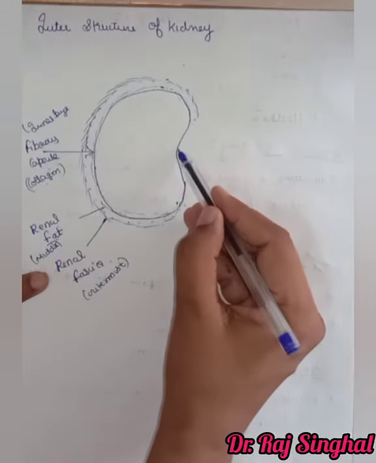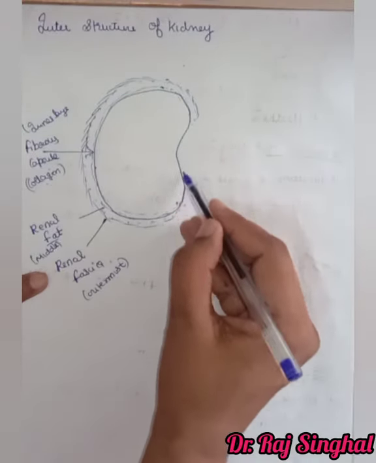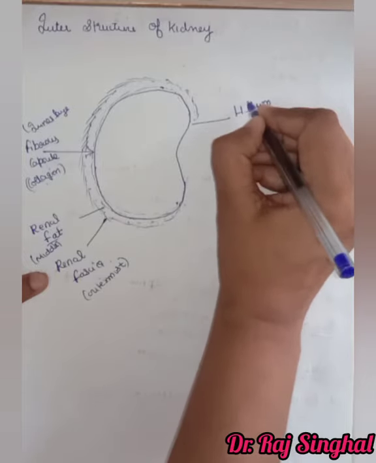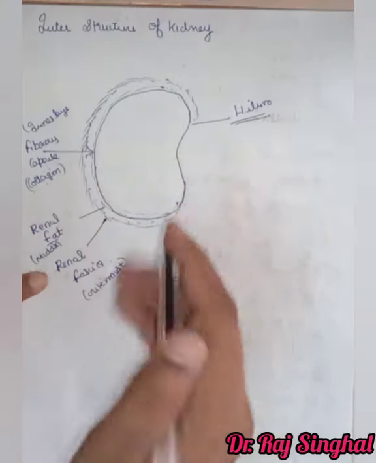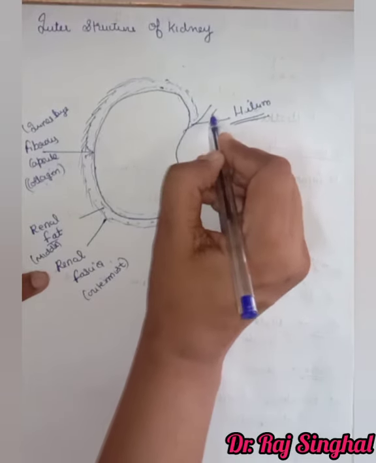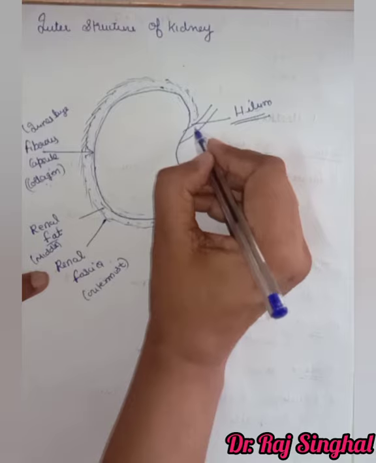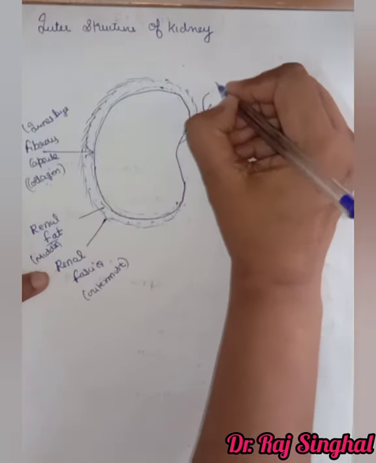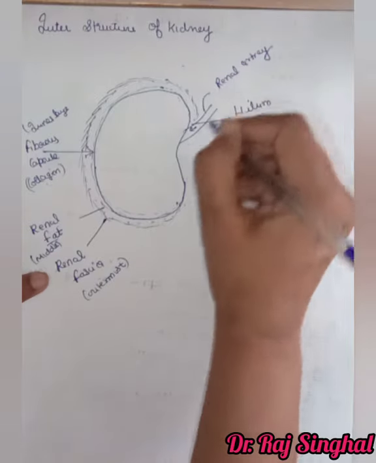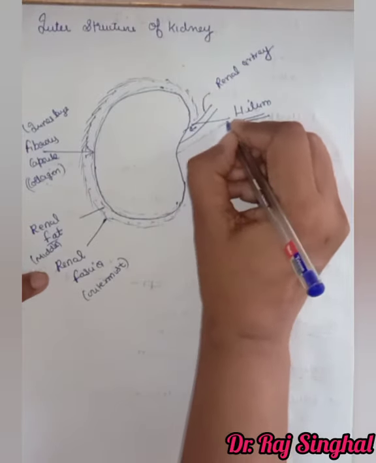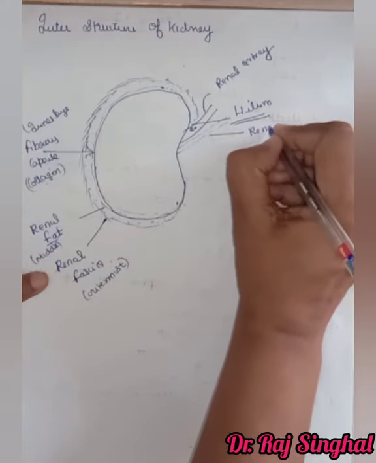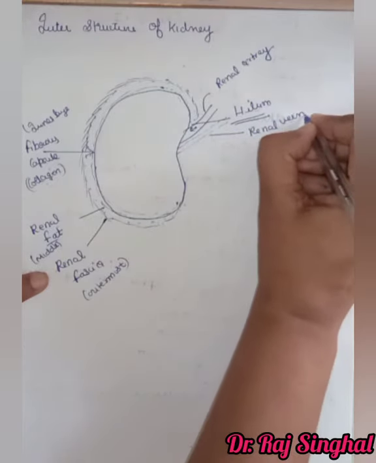On the concave side, there is a notch which is known as hilum. From hilum enters the renal artery. There is one vein passing from hilum which is known as renal vein.